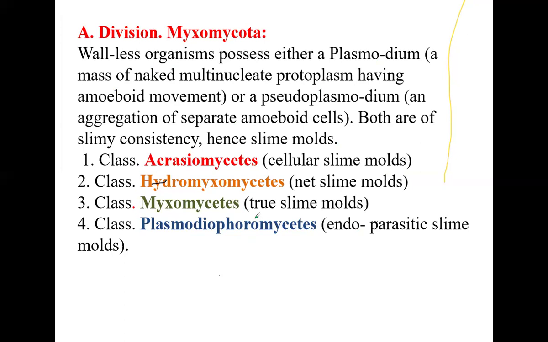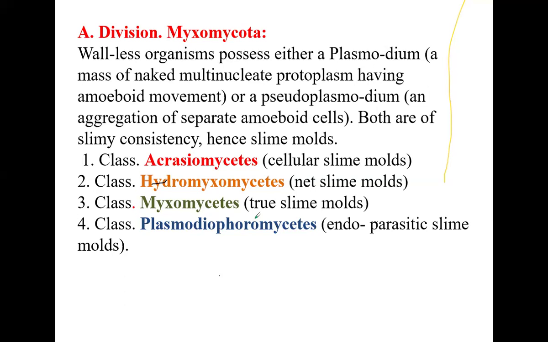You read out. Class 1, Acrasiomycetes. Class 2, Hydromyxomycetes. Class 3, Myxomycetes. Class 4, Plasmodiophoromycetes. Yeah.